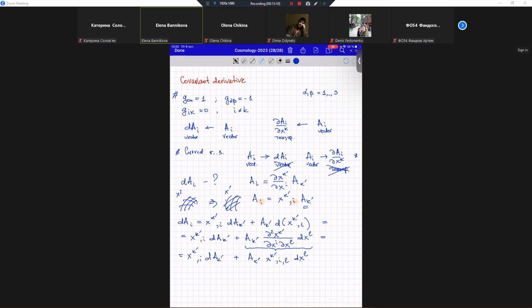What can we see? We can see that the derivative, the differential of this vector, is not transformed as a tensor, because the first part really looks like a transformation of a tensor. But we also have this part.